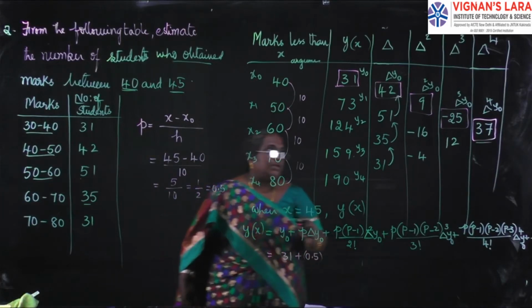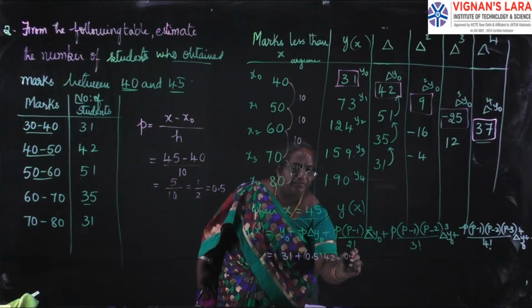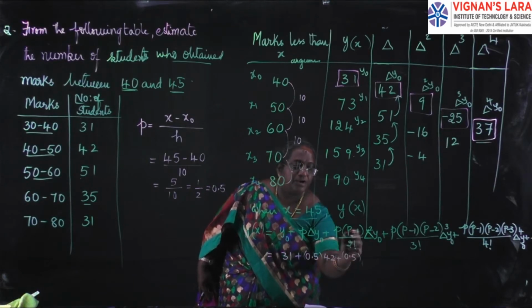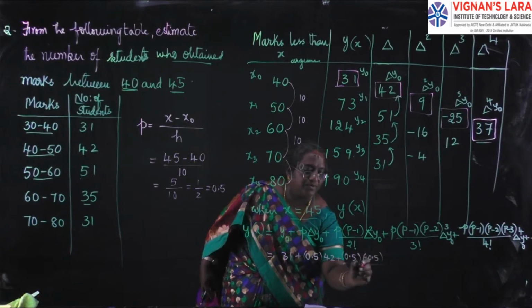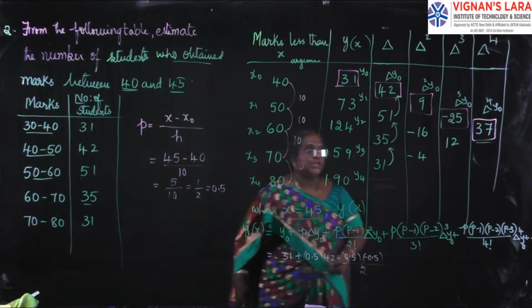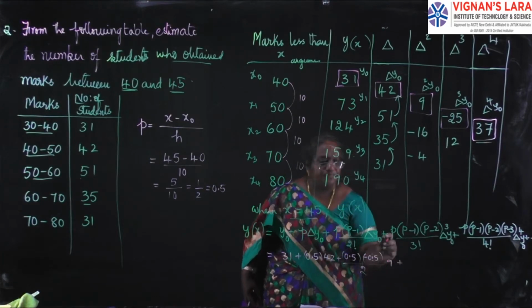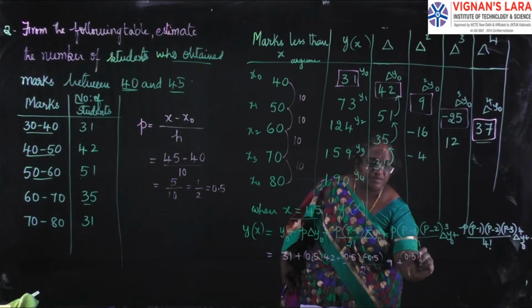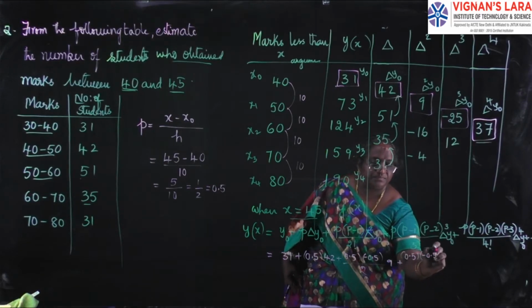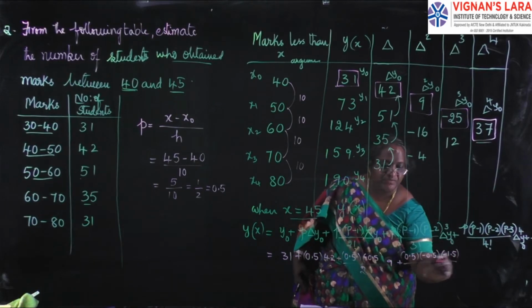Del y naught is 42, times 0.5. Then 0.5 into (0.5 minus 1) is minus 0.5, by 2 factorial, which is 2. Del square y naught is 9, times p, 0.5 into (p minus 1) minus 0.5, into minus 1.5, by 3 factorial, which is 6.